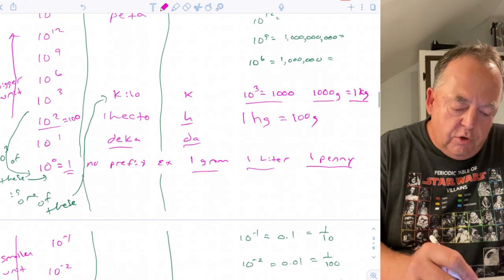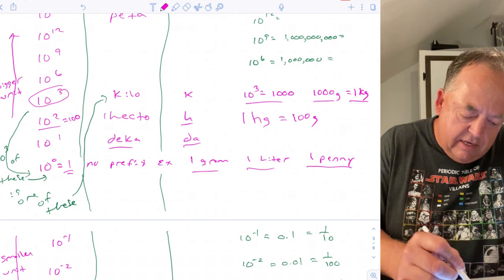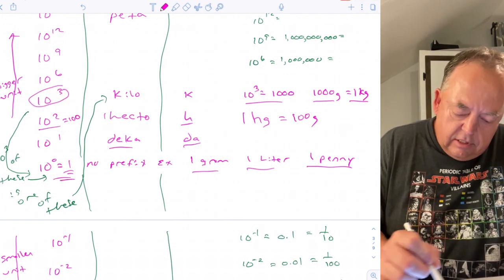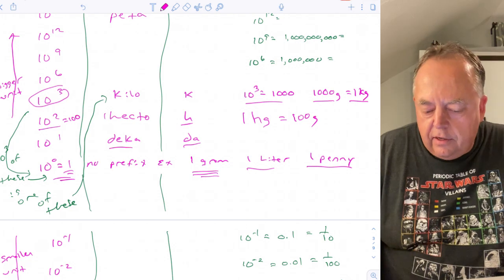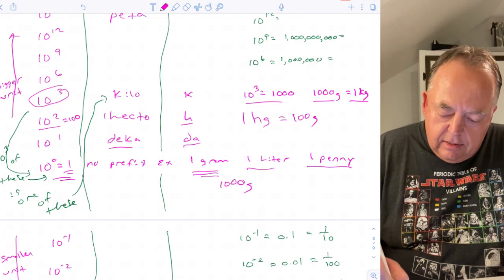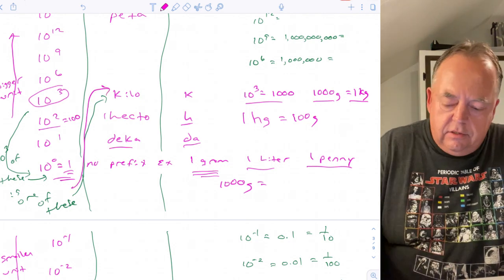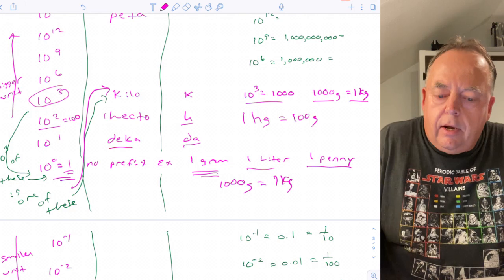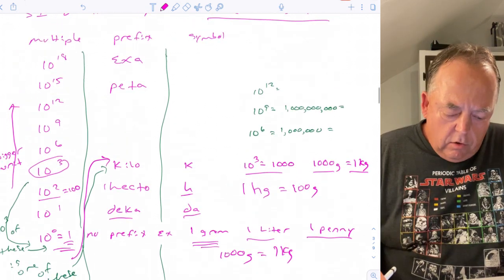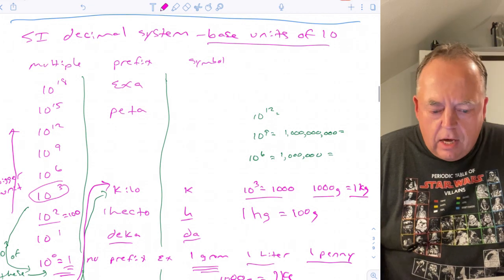The way to interpret this is that if you have 10 to the third of something with no prefix, 1,000 grams, that's equal to 1 of these, 1 kilogram.